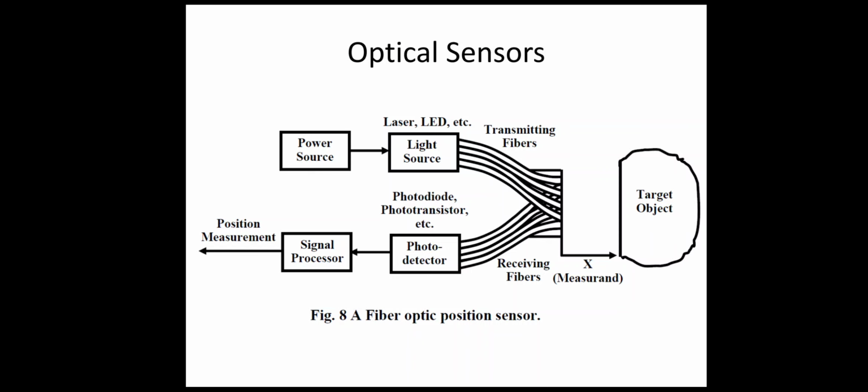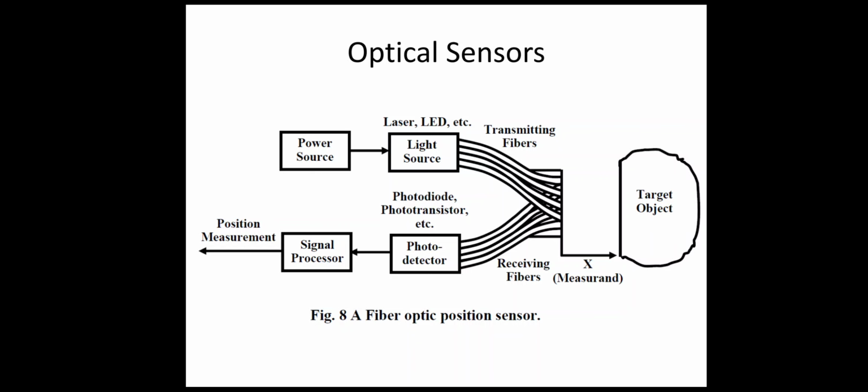So next are the optical sensors, as shown here. The optical displacement sensors work on the basic principle that the intensity of light decreases with distance. If the source and detector are fixed, the amount of light reflected from the moving surface will depend on the distance of the moving surface from the fixed ones.